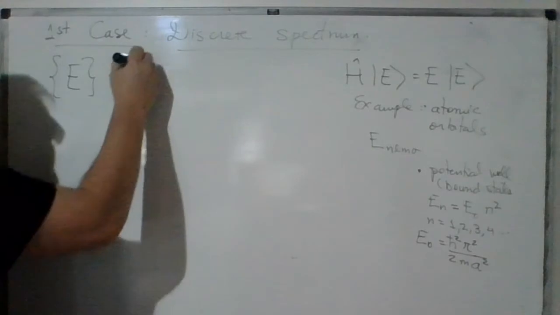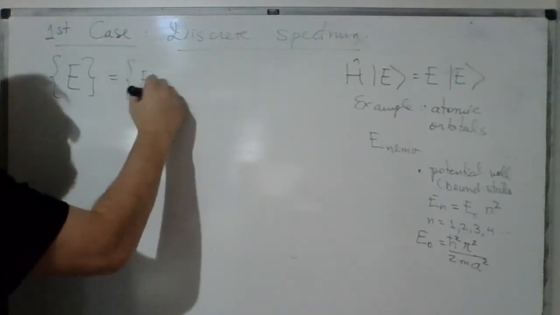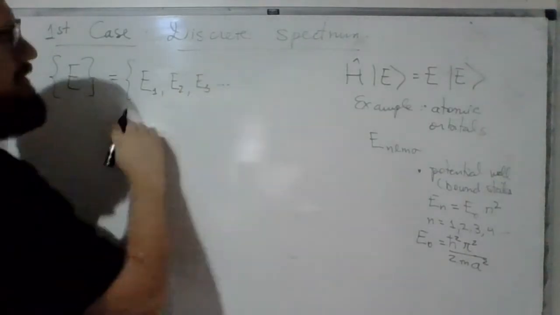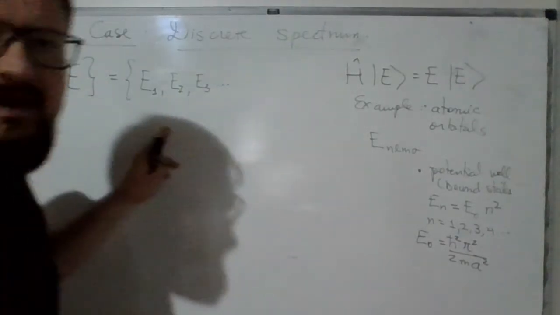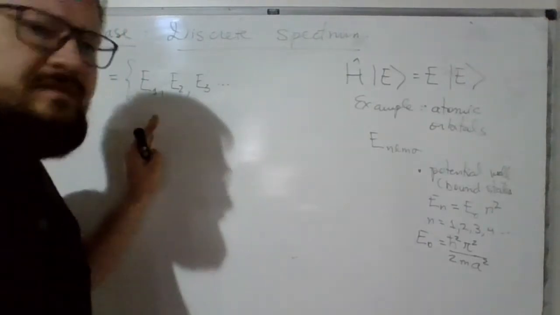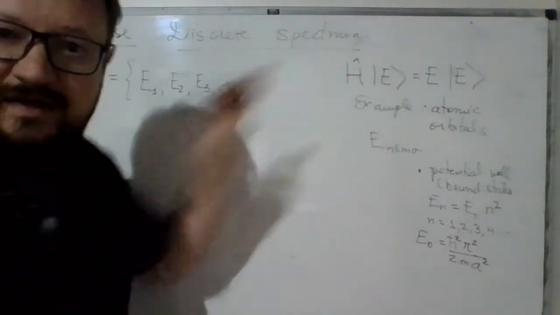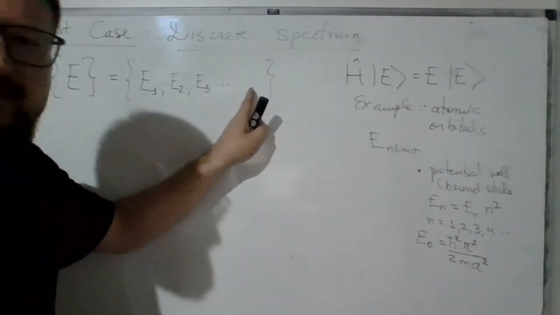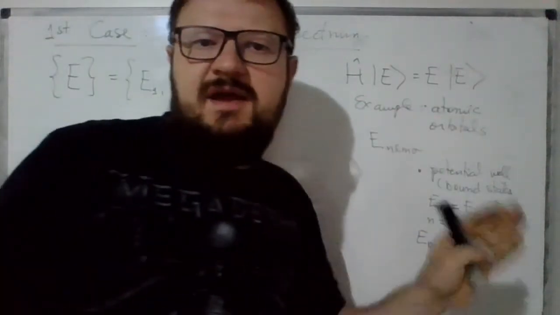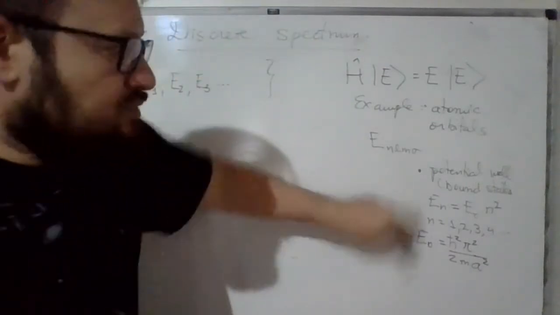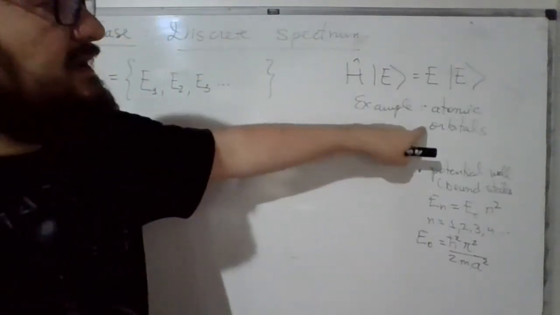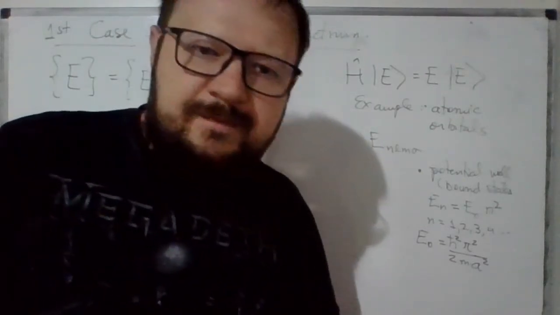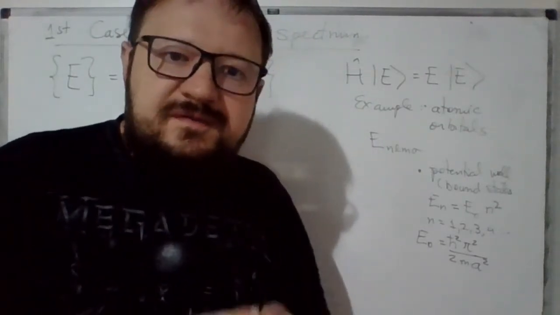Okay, and in this case, you'll have some energy E1, E2, E3. It is countable. You can eventually order it in ascending order of energies. Okay, it could be an infinite set or it could be a finite set according to the case. For the case of atomic orbitals in 3 dimensions, you will have an infinite set.